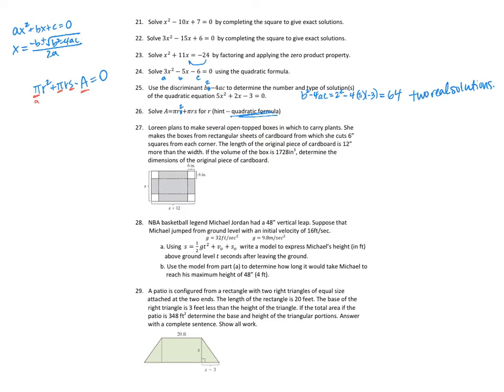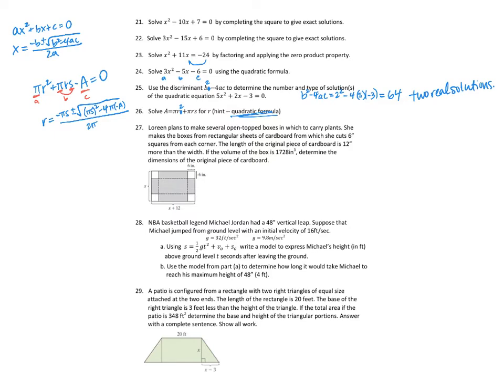So these two things together are b, and this is c. And so if I use the quadratic formula here, I'll have r is equal to negative pi s plus or minus the square root of pi s squared minus 4 times pi times negative a, all over 2 pi. And so I'm just going to leave it like that. There's my solution for r.